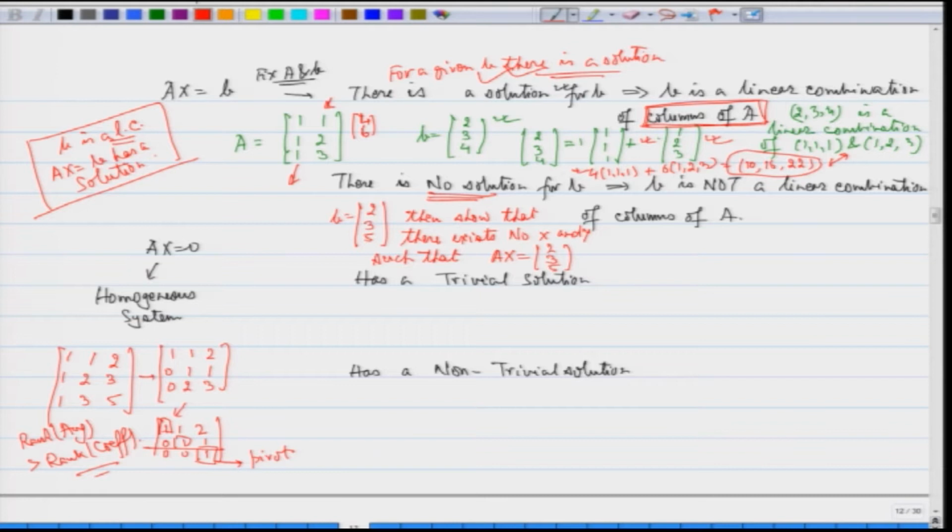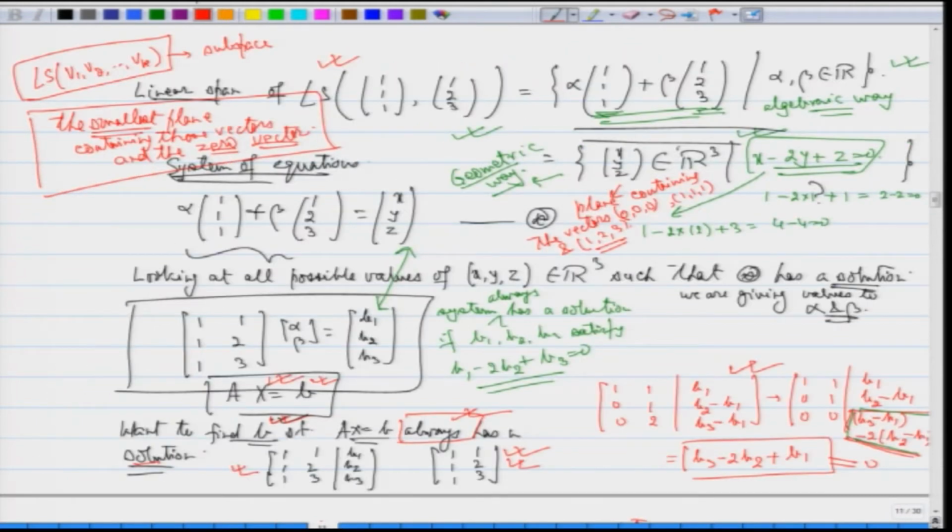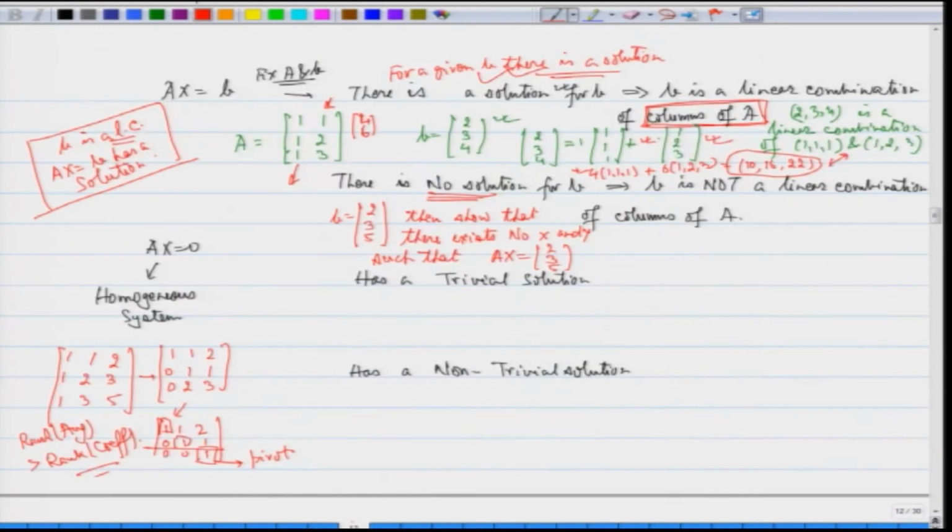In the previous class, what we had done was, we had these vectors 1, 1, 1 and 1, 2, 3. The condition for the linear span was x minus 2y plus z is 0. All right. So, here x, y, z is 2, 3 and 5.